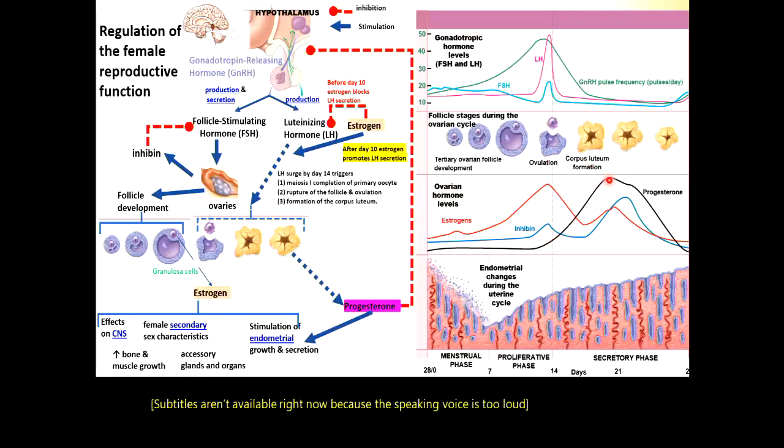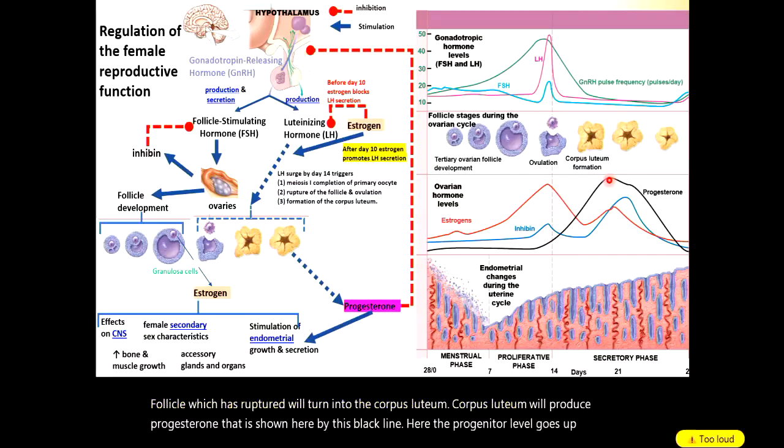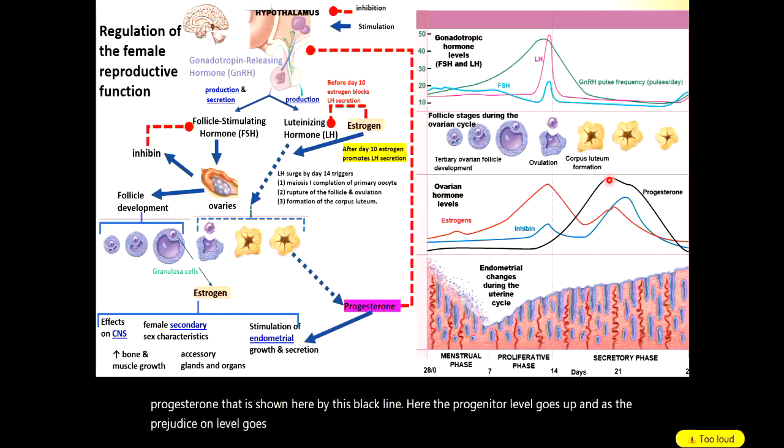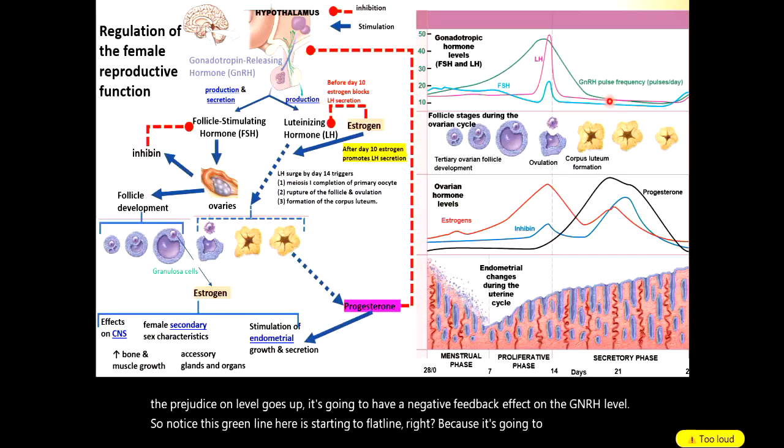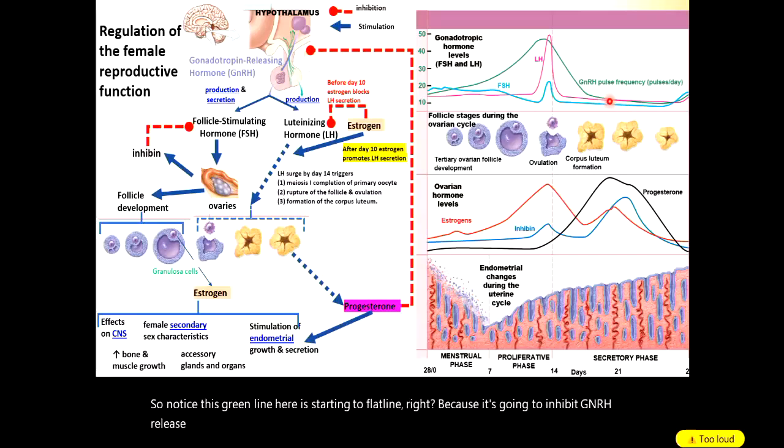The progesterone level goes up, and as the progesterone level goes up, it's going to have a negative feedback effect on the GnRH level. So notice this green line here is starting to flatline, because it's going to inhibit GnRH release. If GnRH is inhibited, so will there be an inhibition of FSH and LH as well.